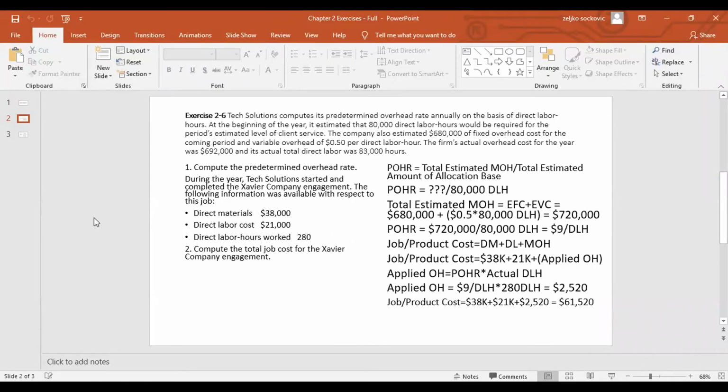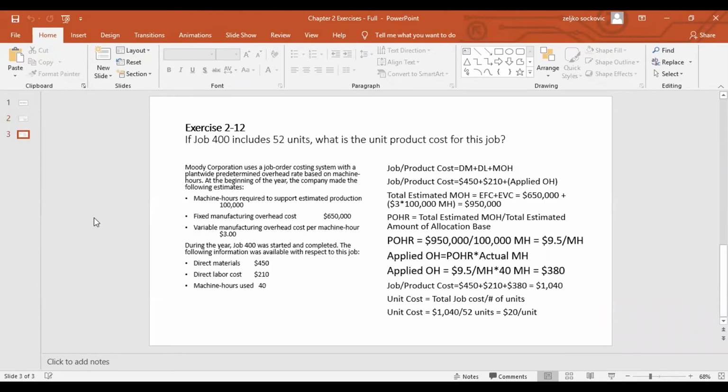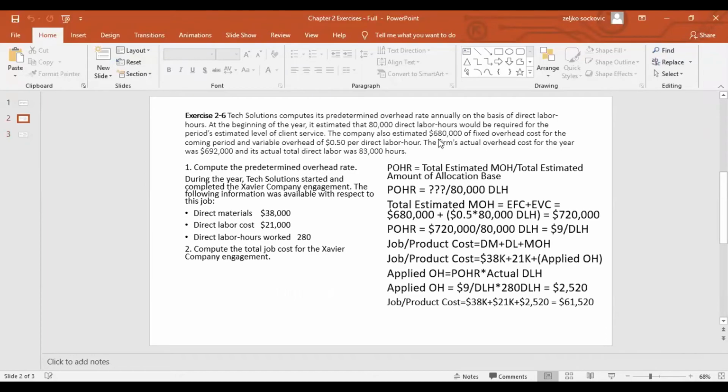Okay, this is kind of a full one. Let me see this one. Okay, this is what I just described. Let's do this one. It looks kind of very busy, right?